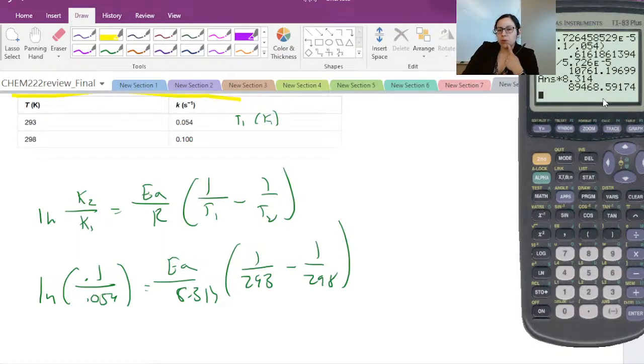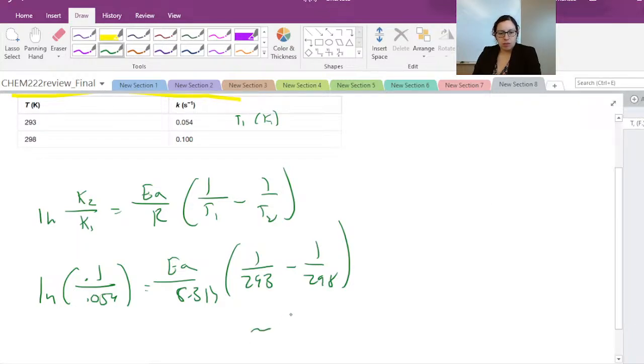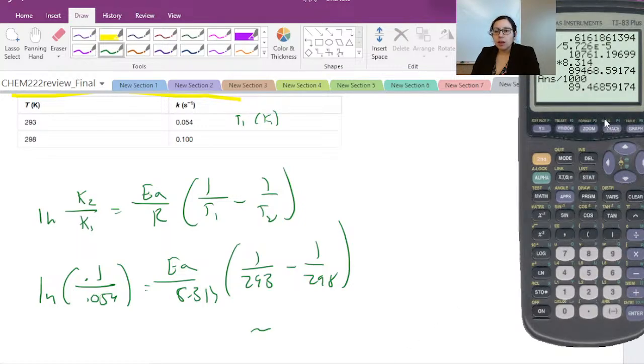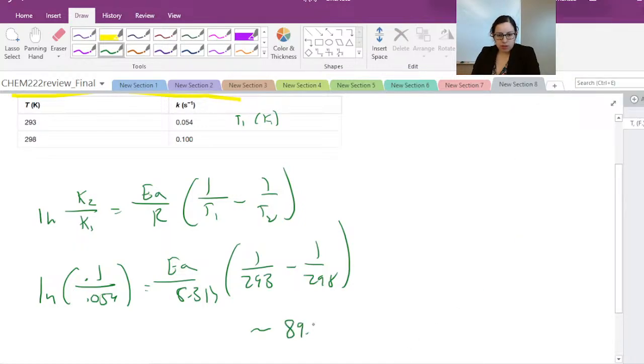Yeah, because remember your answer will be in joules based off of this constant, but then it's better to put it in kilojoules. Yeah, so about 89.5, we'll say, kilojoules per mole there.